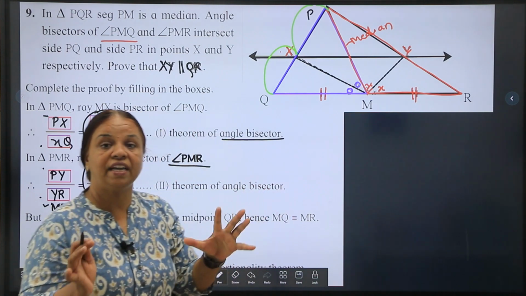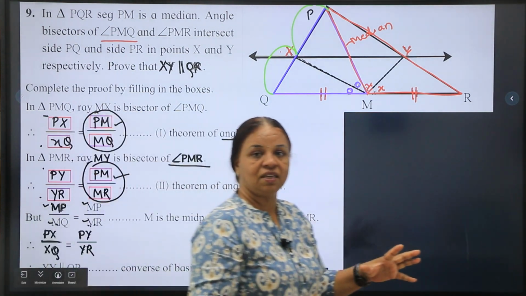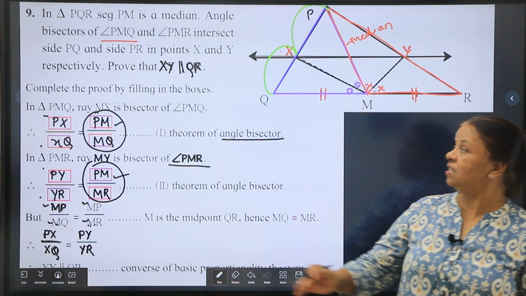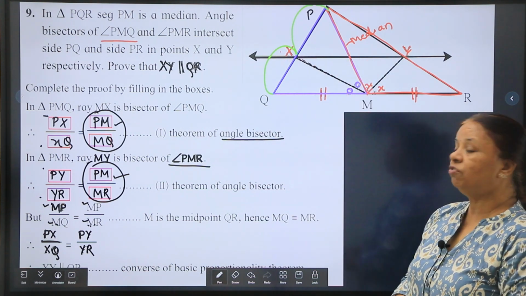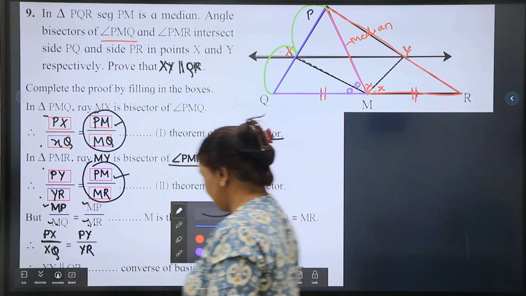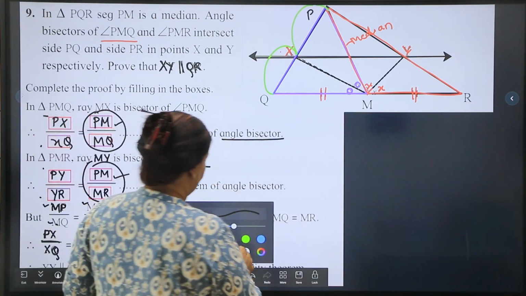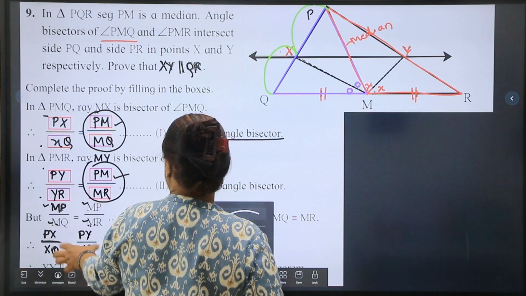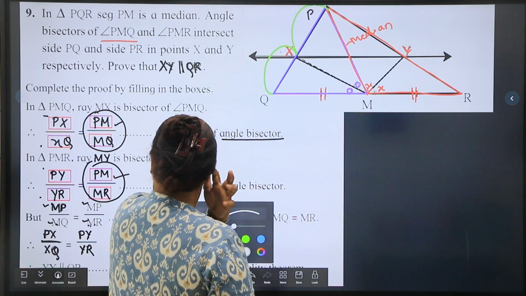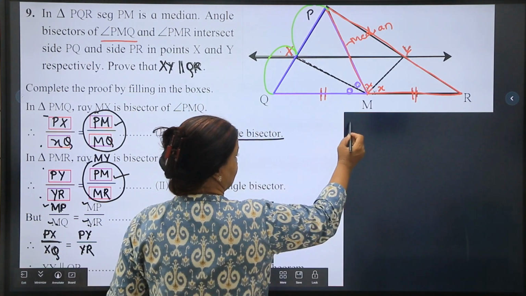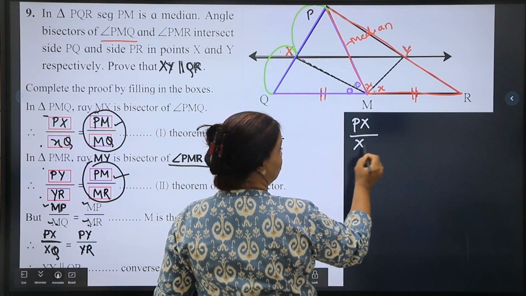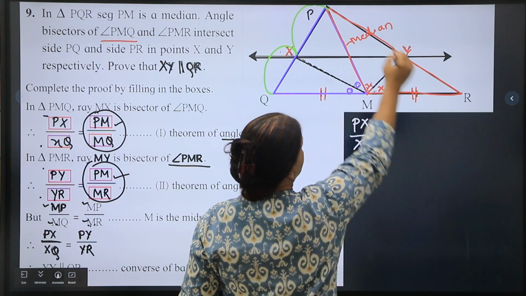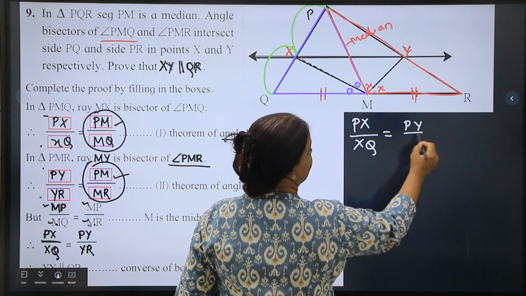If the ratios are equal, that means the line XY will be parallel to QR by converse of BPT. You can't see this side, so let me write it here. We can say that PX upon XQ is equal to PY upon YR.